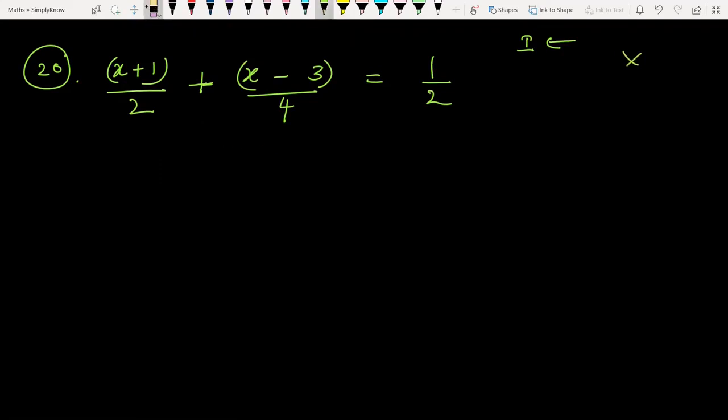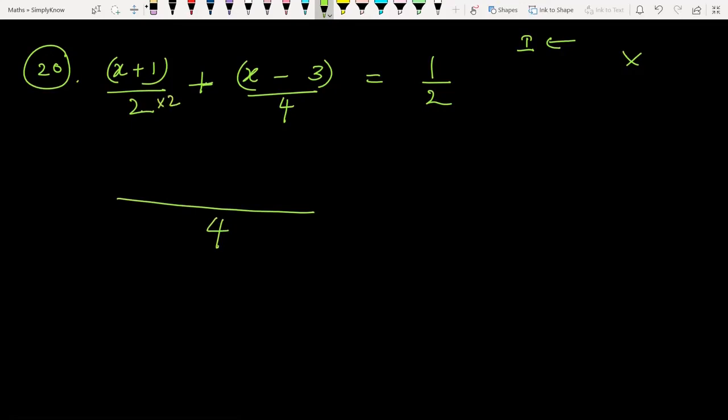Now here we see that these two denominators are not equal. So we have to equal them. So how do we equal them? We need to find the LCM of these two denominators. 2 and 4, LCM of 2 and 4 is 4. So our common denominator is 4. And how do we make 4 from 2? By multiplying 2.